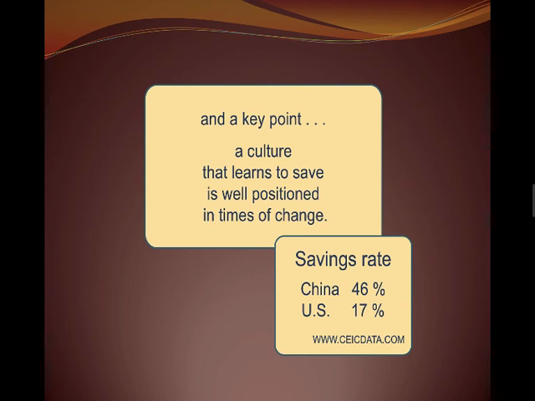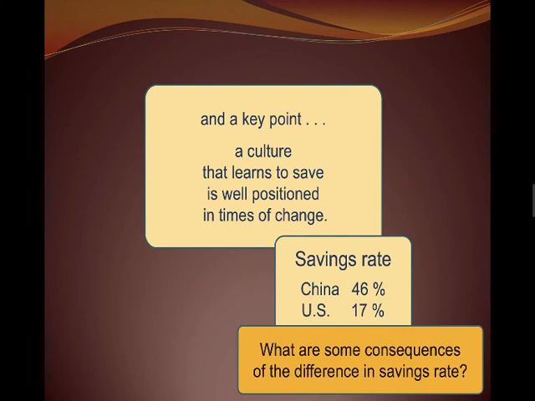The US, by contrast, saves and invests only about 17% of our income these days. I'm just suggesting that might have something to do with some of the headlines that we see these days. What are some consequences of a difference in savings rate?